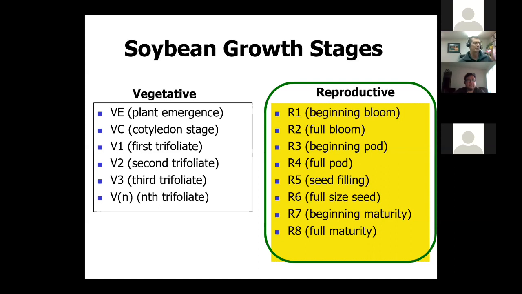For example, we may wrap up some weed management yet. Certainly we'd be soon looking for soybean aphids, and we would be scouting for diseases during this period as well. And of course, the speakers that follow will address some of these issues. So what I'm really saying is that I'll spend more time on the growth staging, description, and biology, and less on management. I'll leave that to other folks.